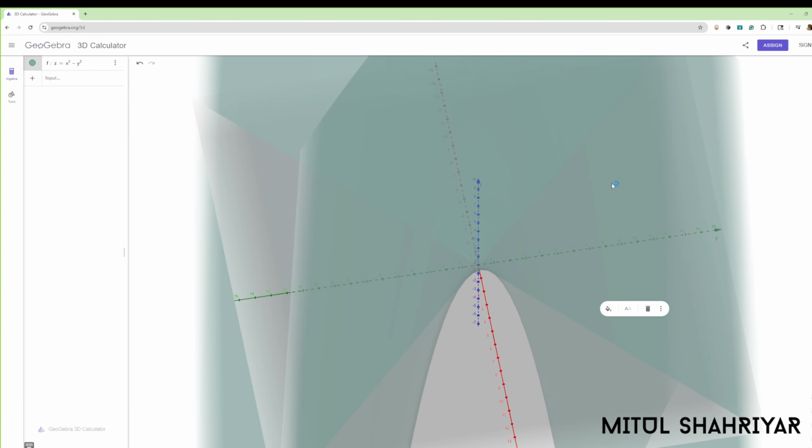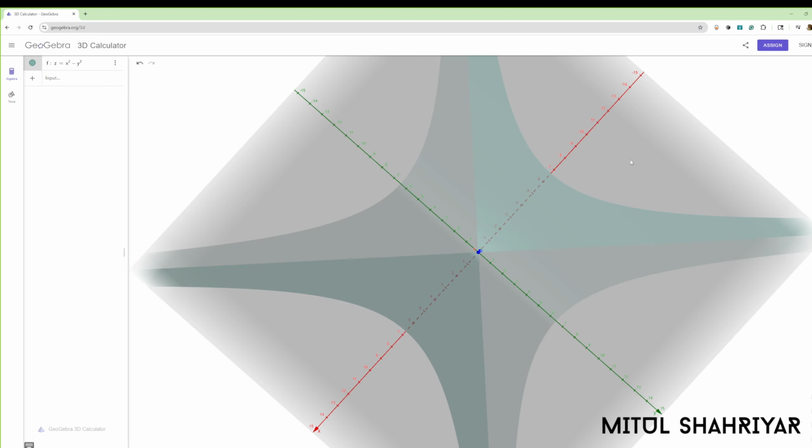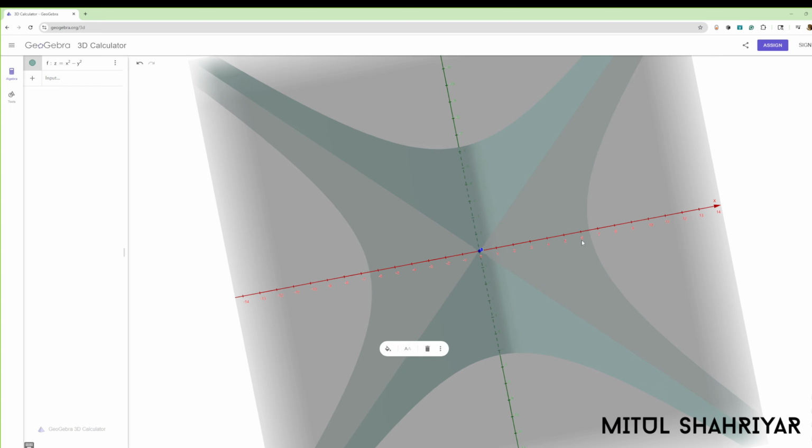This is y, right? If we take the x-axis, so if we have this x here, we have to drag this a bit.